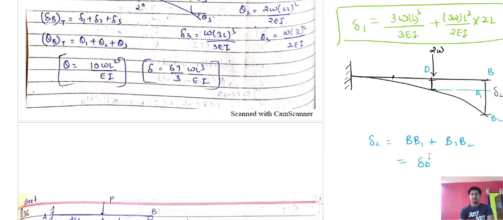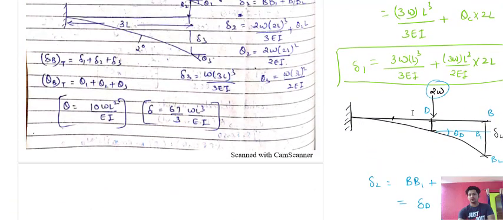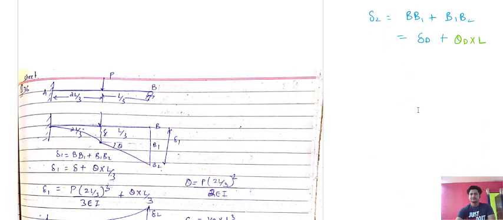So similarly you can apply, now P value will be equal to 2 times W, and similarly you will calculate the other also by putting the value of theta D here. So this is how you will calculate the value of delta 2. Now again this will be equal to theta D into L, because now this length is 2L and this is L here. So for calculating the value of B1B2 we will use theta D into L.